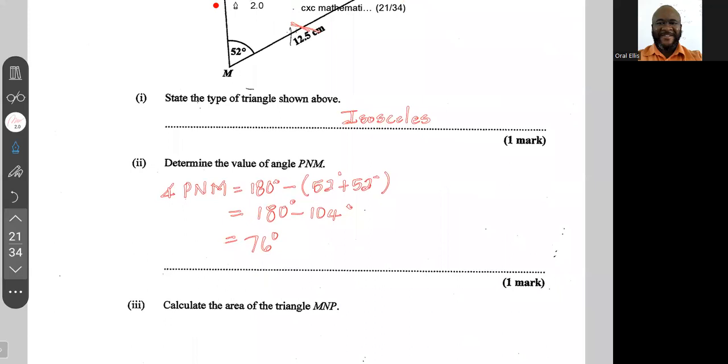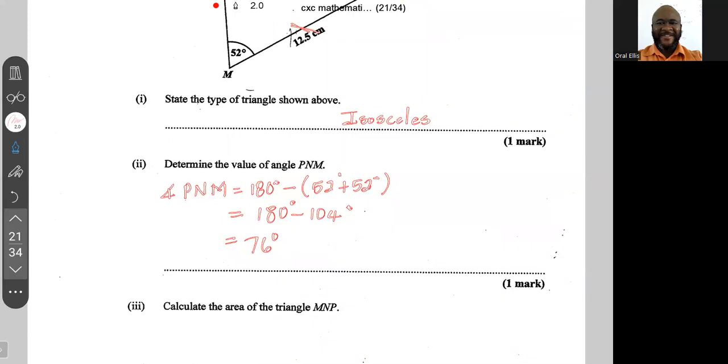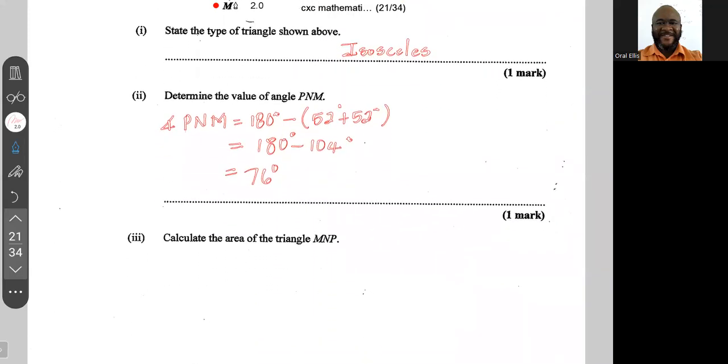Next, we're asked to calculate the area of the triangle. Now guys, if you have the length of two sides of a non-right angle triangle and the size of the angle between them, the area of the triangle would be equal to a half AB sine C, where A and B are the lengths of the two sides and C is the angle between them.